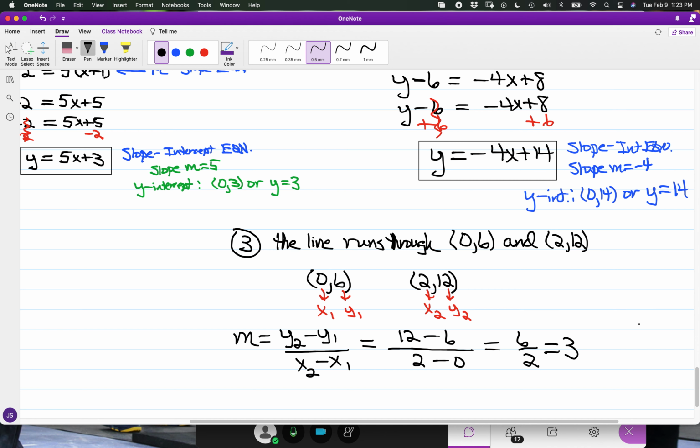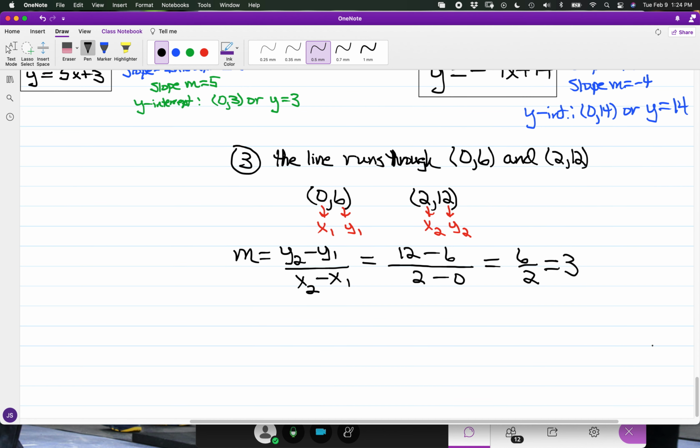Now, in the route where we're going to be utilizing the point-slope equation to get to the slope-intercept equation, you have your choices. You can just hit the reset button in terms of what's going to represent the x1, y1.